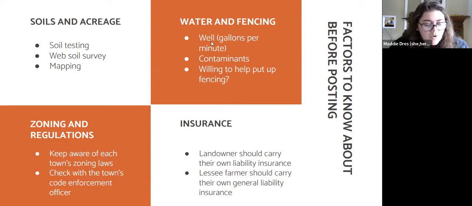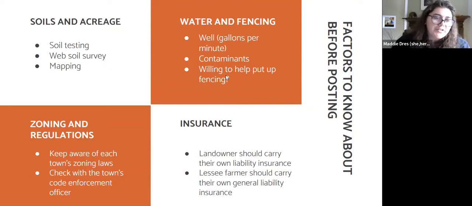Understanding if you have a well or a stream or a pond that's going to provide water for the farmer, and also knowing if your pump is working, etc. If there's any contaminants in the water. And then a lot of issues come about when we start talking about fencing. New and beginning farmers don't always have the infrastructure like fencing.